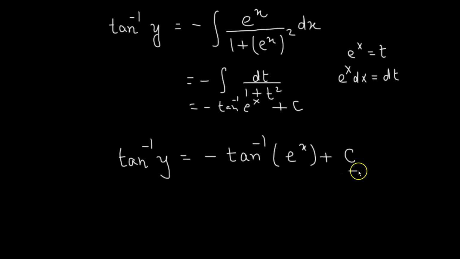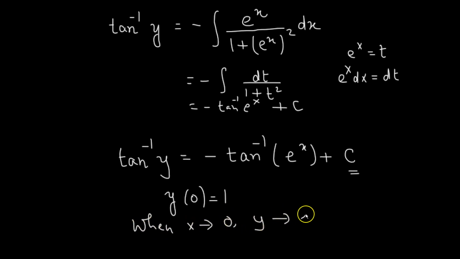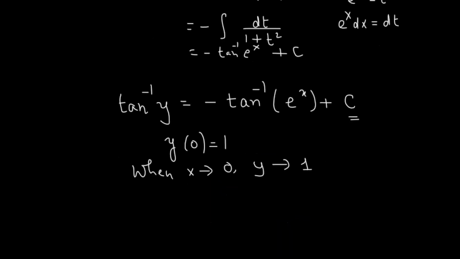Now we need to determine the value of this constant of integration c. In the problem, we are provided with the initial condition that y of 0 is equal to 1. That means when x is 0, y is 1. So let's substitute this into our general solution.